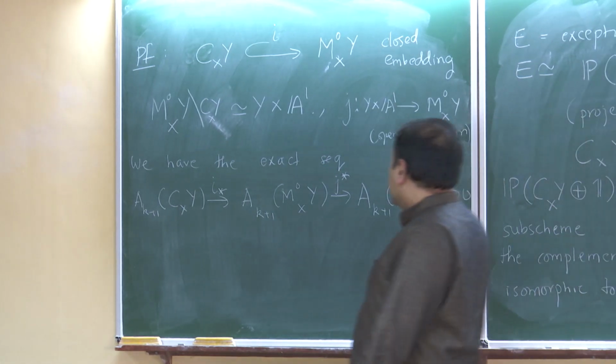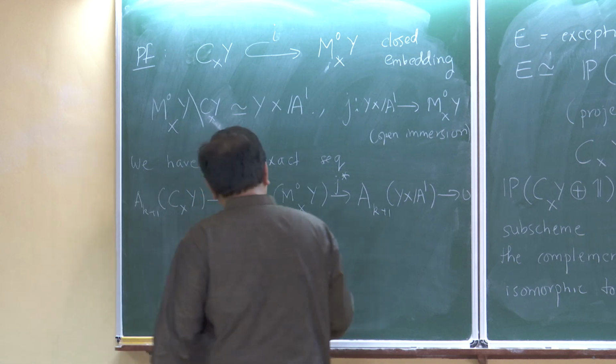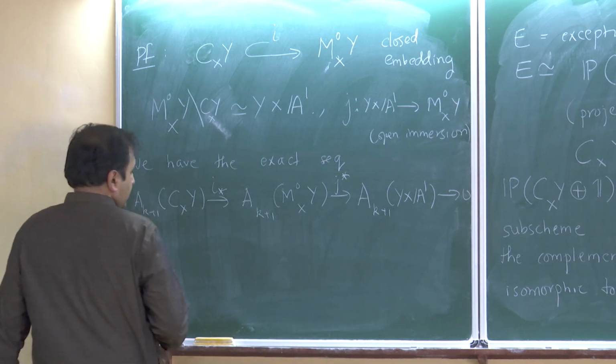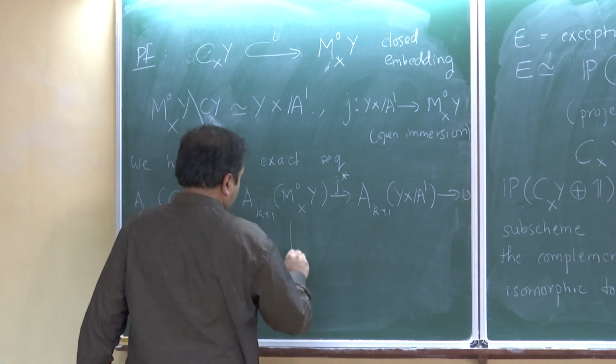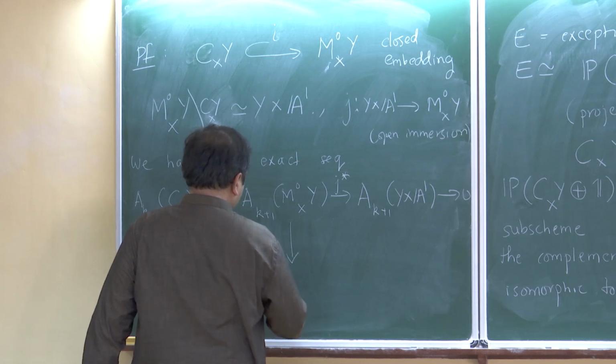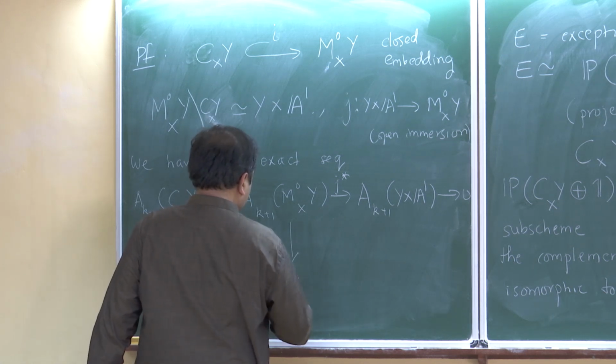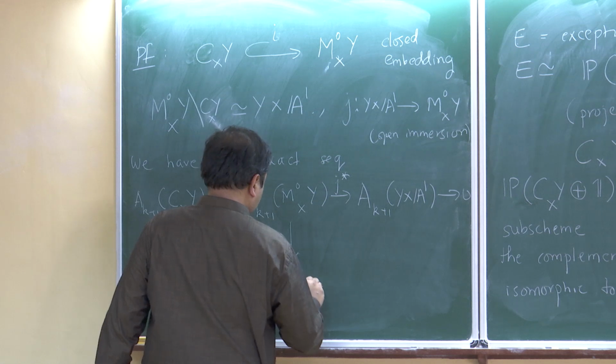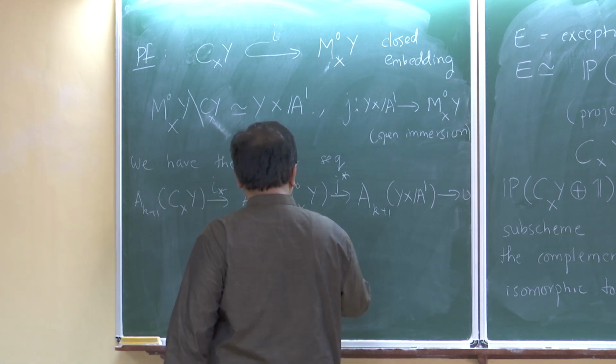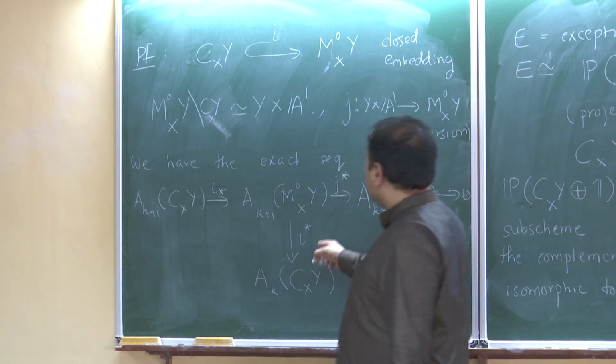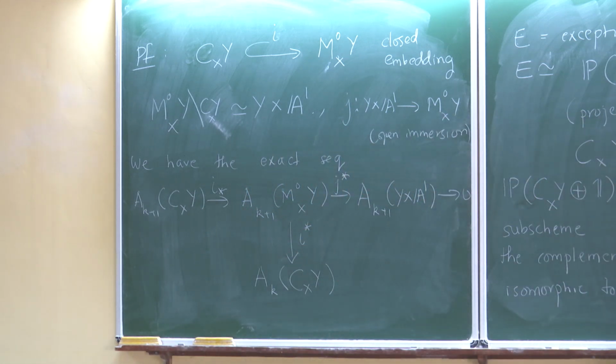Now, we have a map going like this. So this is i upper star. This is one of the things that Amit discussed, the Gysin homomorphism for divisors.